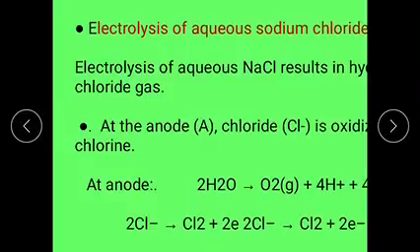At the anode, Cl minus ions are oxidized to chlorine, giving Cl2 gas.